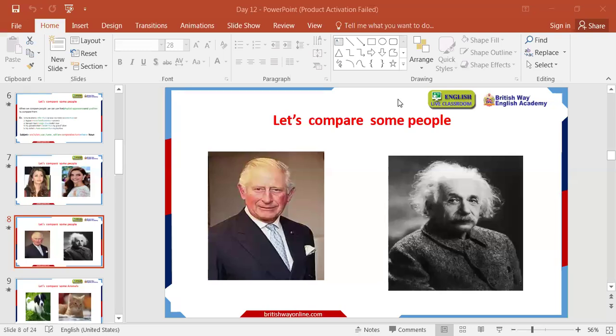You can select two people. Setum is the tallest boy in our class.